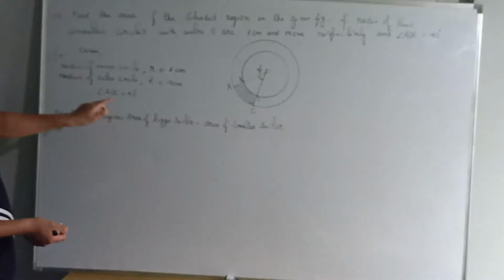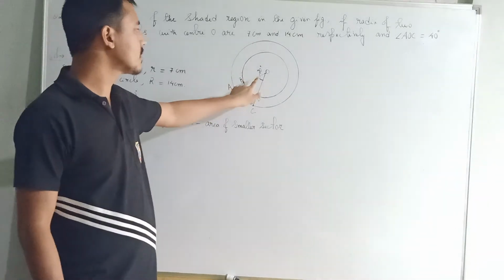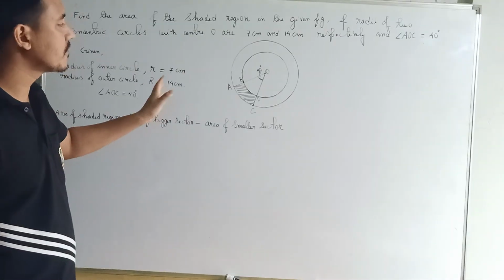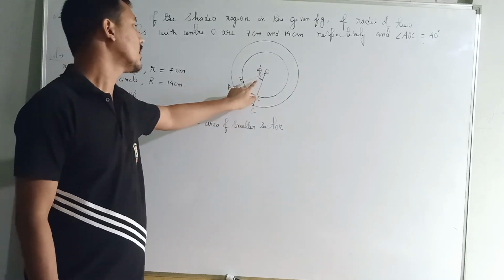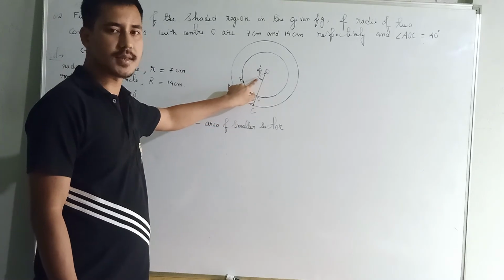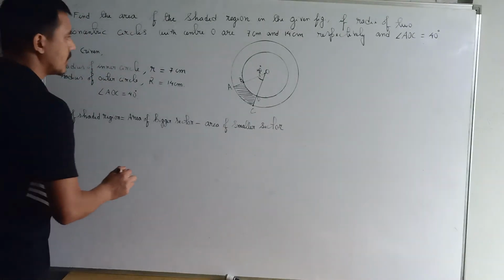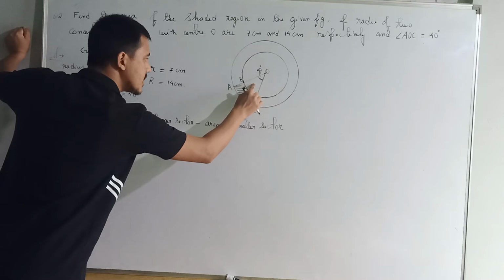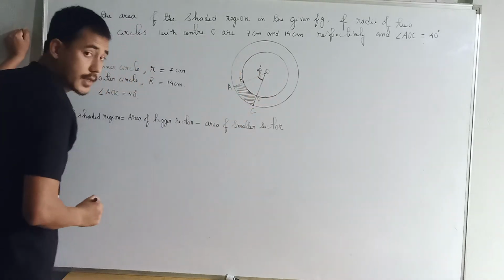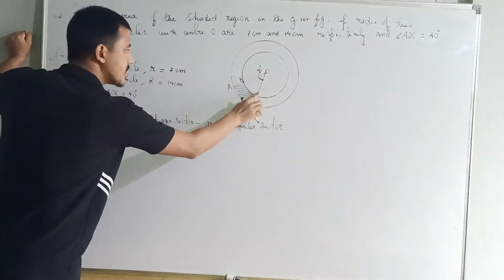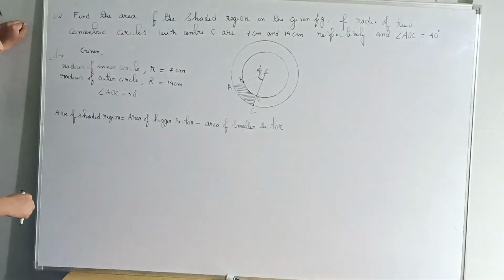For the smaller sector, the radius is 7 centimeter and the angle of the sector is 40 degrees. Just look at this smaller sector, it subtends 40 degrees at the center. The larger sector also subtends this 40 degrees at the center.